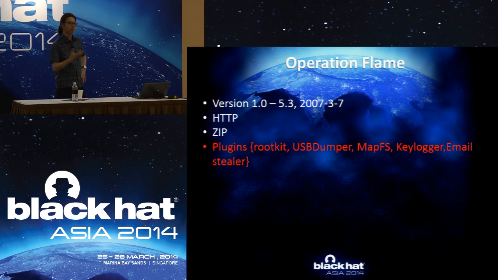So the communication protocol is using HTTP and then zip files passed around. And it has an architecture with plugins. So it has rootkit, USB dumper, mapfs, keylogger, email stealer.